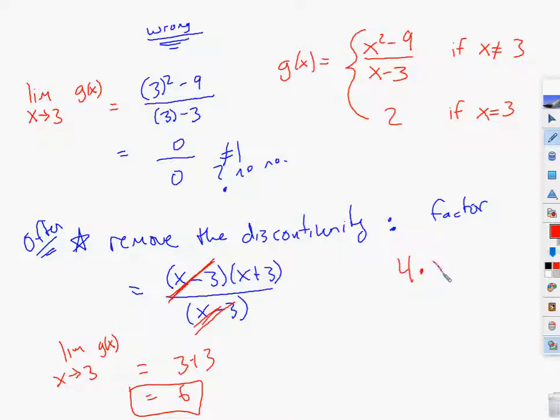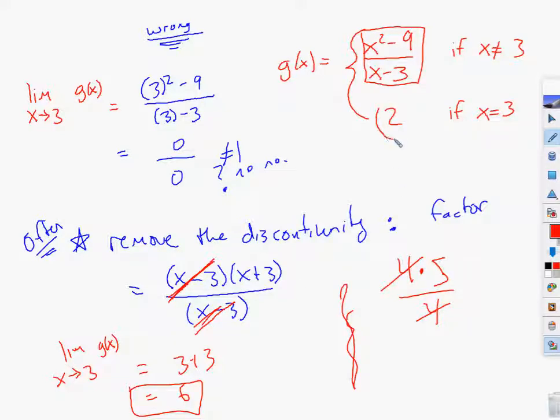If I had 4 times 5 over 4, I could cancel like that, right? And get 5. I did the same thing. So my limit is 6. If we were to graph this function, we would see as we get close to 3, the function gets close to 6, but some weird asymptote thing happens.